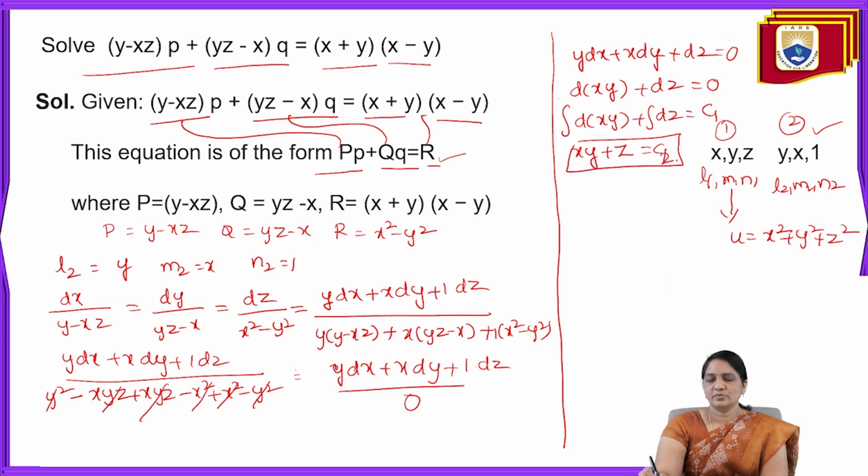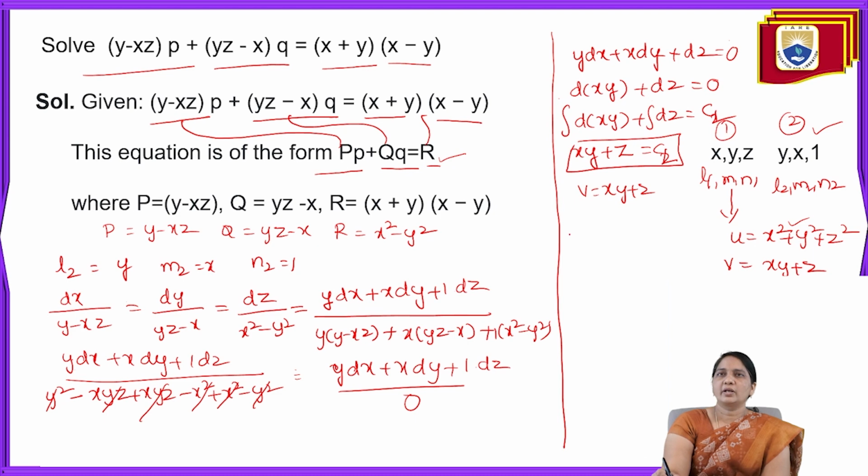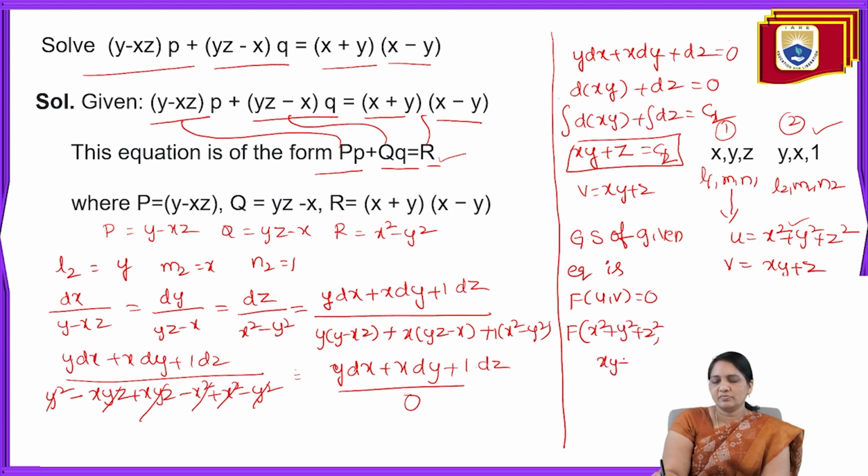This is the second solution, so I can keep some other constant C2. Already I got the first solution, u equal to x square plus y square plus z square. Now I got the second solution, that is v equal to xy plus z. Now I can write the general solution. The general solution of the given equation is f of u comma v equal to 0, where u is x square plus y square plus z square and v is xy plus z.